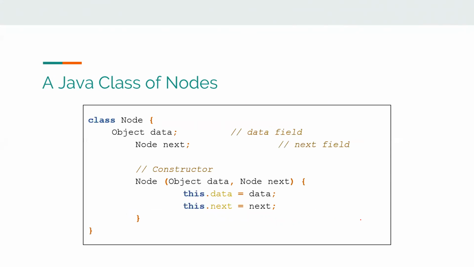So the node class is pretty simple. This is how the node class could look. This is a node of objects, and we have a data field and a next field, right? These are the instance variables of the node. And the constructor just takes a data element and a next reference and assigns that to the internal variables. It's really straightforward.